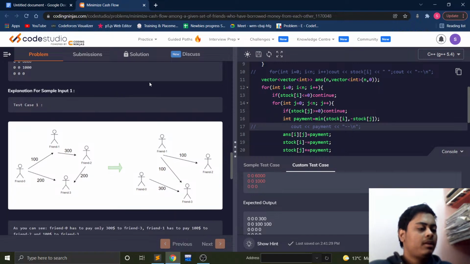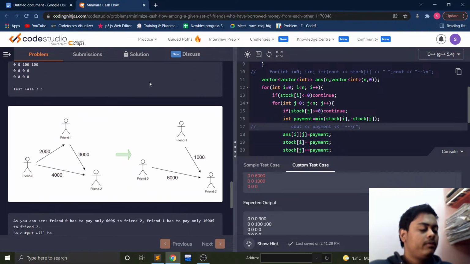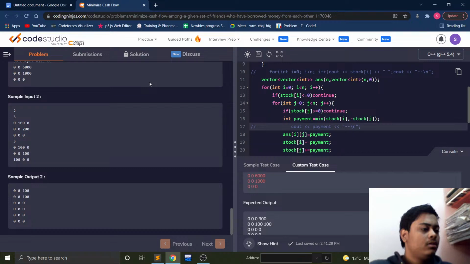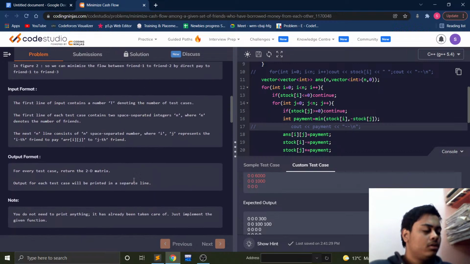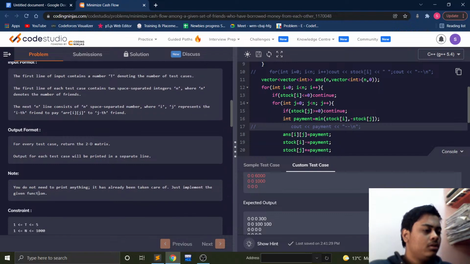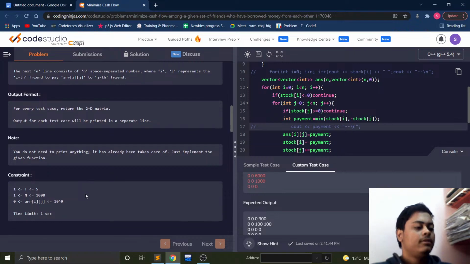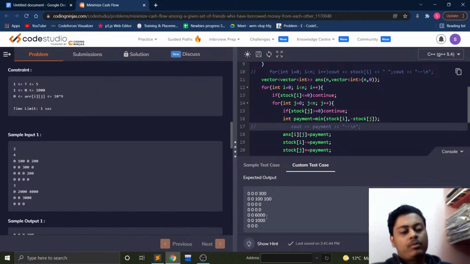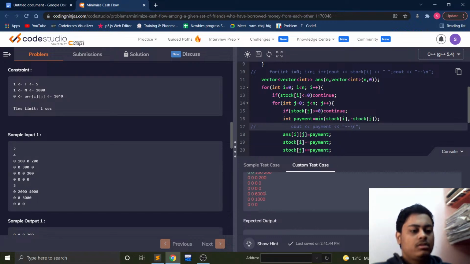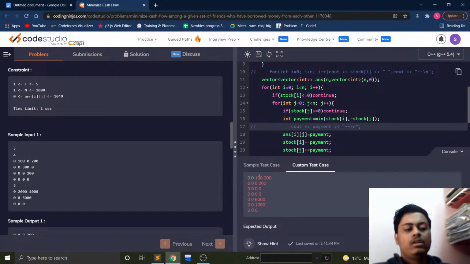I think there are multiple answers possible, multiple ways possible. I think we can try to submit this because expected output is 6000, 100, 200, and 200.